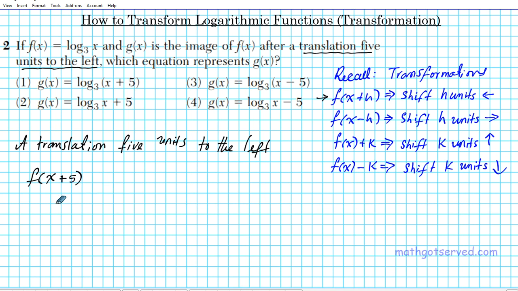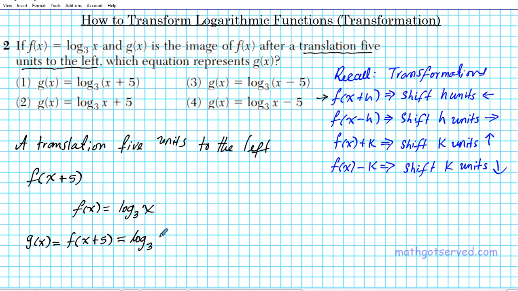Okay, so what is f of x? F of x is log base 3 of x. Now we want to find g of x. G of x is what you get when you shift the function 5 units to the left, or basically f of x plus 5. Now how do we compose this original function f of x, which is log base 3 of x, with x plus 5? All you simply do is take out the x and substitute x plus 5 for the x.